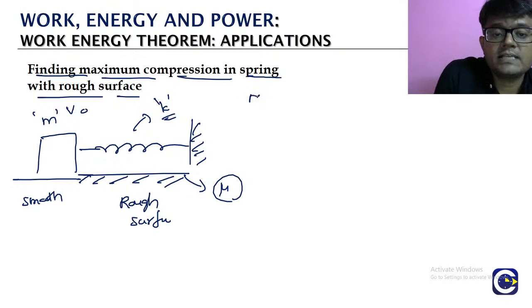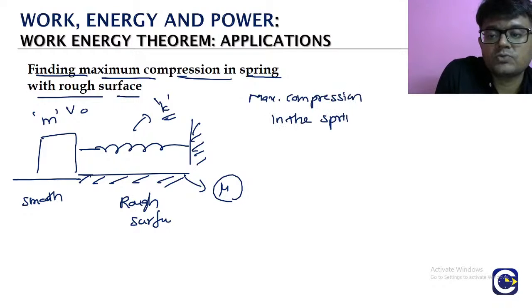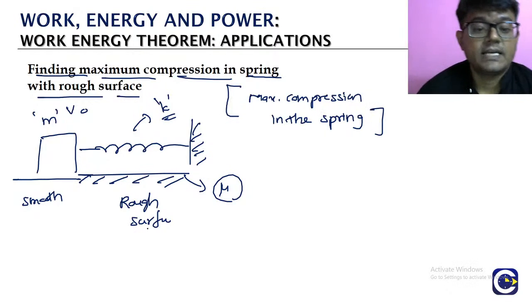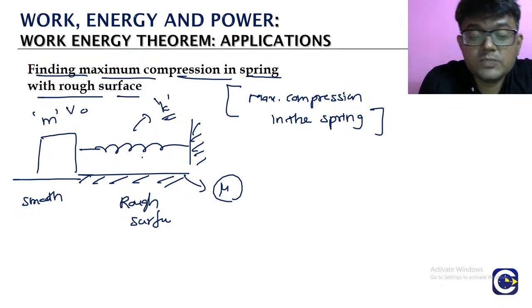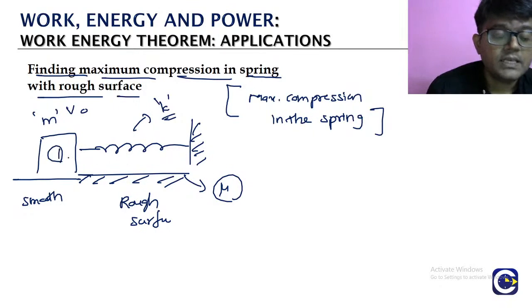In this question they are asking the maximum compression value of the spring. That is what they are asking. So how do we proceed? Here the only difference from the previous problem is this. Initial state is the point of the block colliding with the spring.